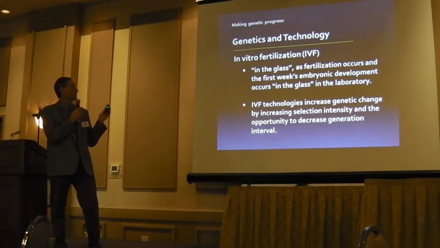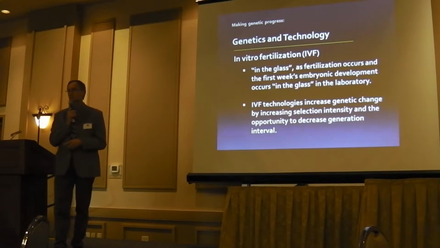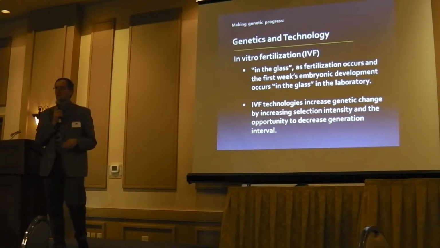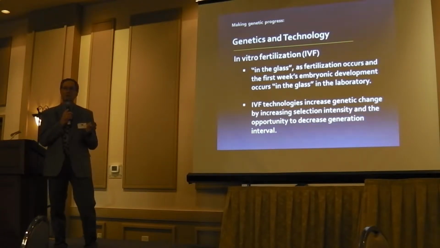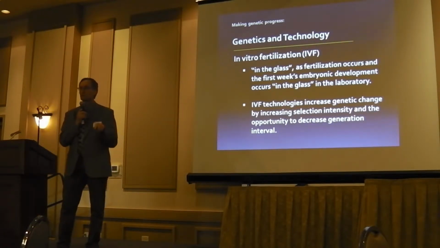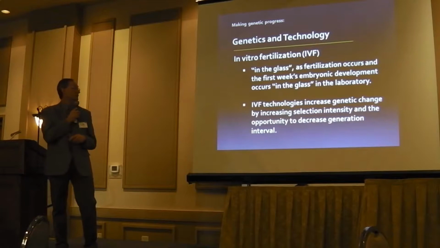And so if we get to number 4 here right away, it's IVF, and technically it's Latin for in the glass, or today it's mostly in the plastic, but fertilization occurs, and the entire day 0 to 7 is under lab control. So all of those little things that have to replicate what's happening in the ovary, the oviduct, and the first part of the uterine horn now have to be replicated in plastic, trying to mimic those conditions.